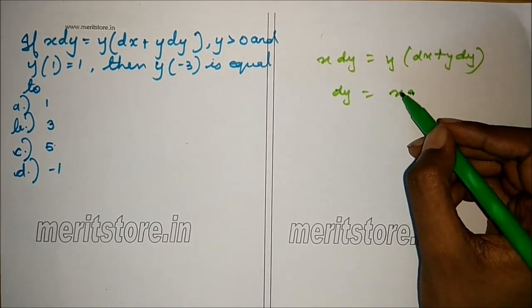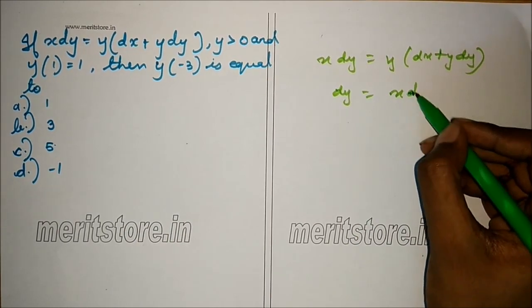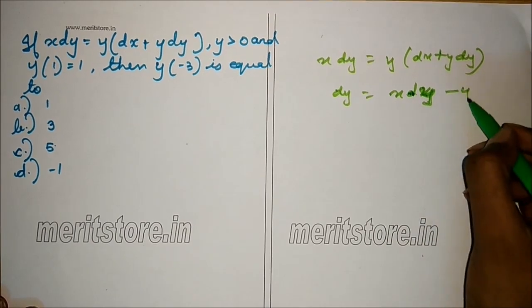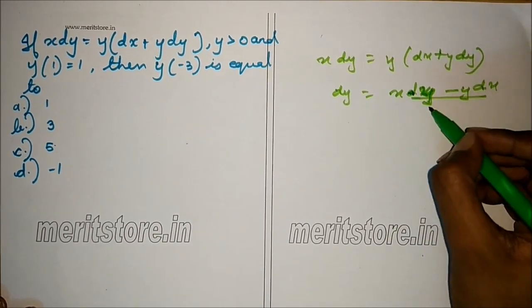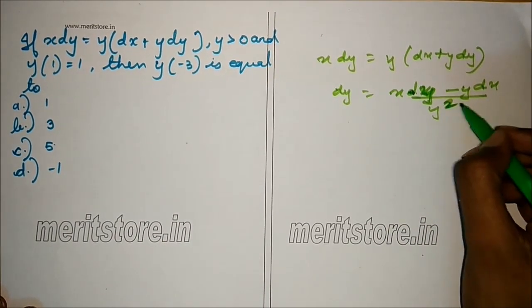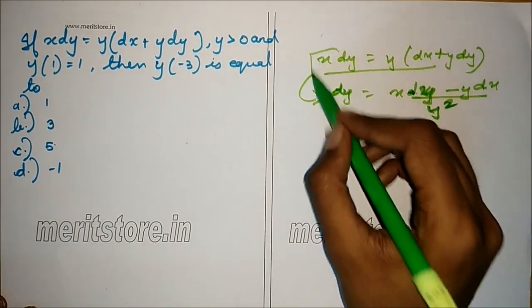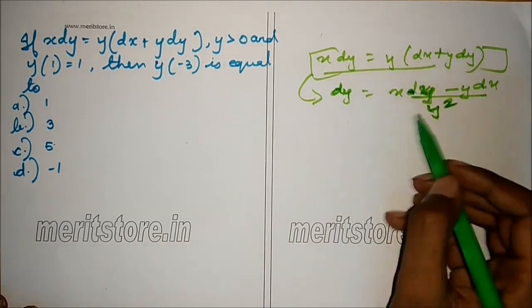Rearranging the terms, we get x dy minus y dx upon y square. This is equal to dy.